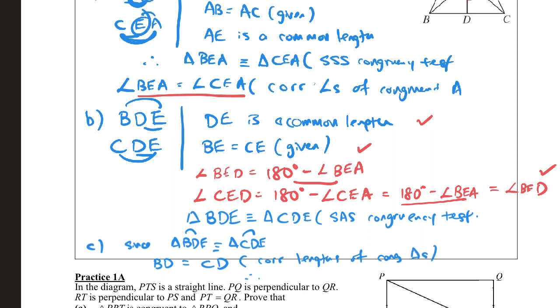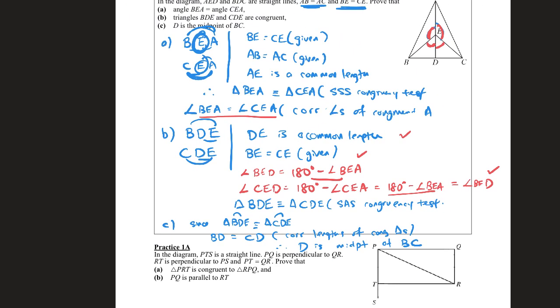Therefore, since they are the same, D has to lie in the middle of BC. So D is the midpoint of BC. Okay, so this is how we prove it, using proof to justify every single statement we do.